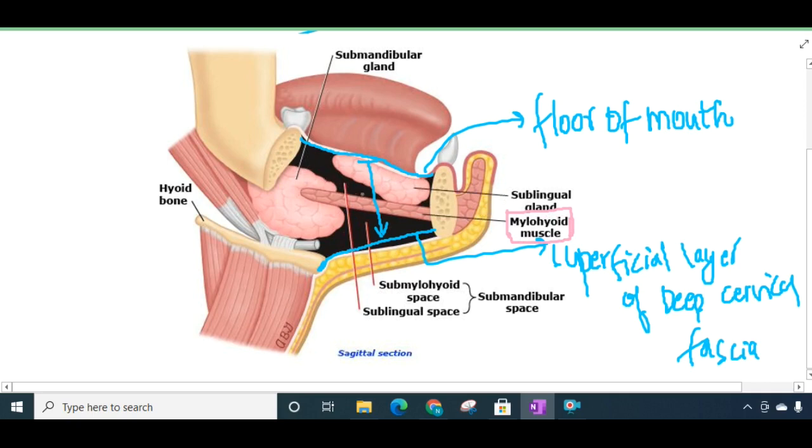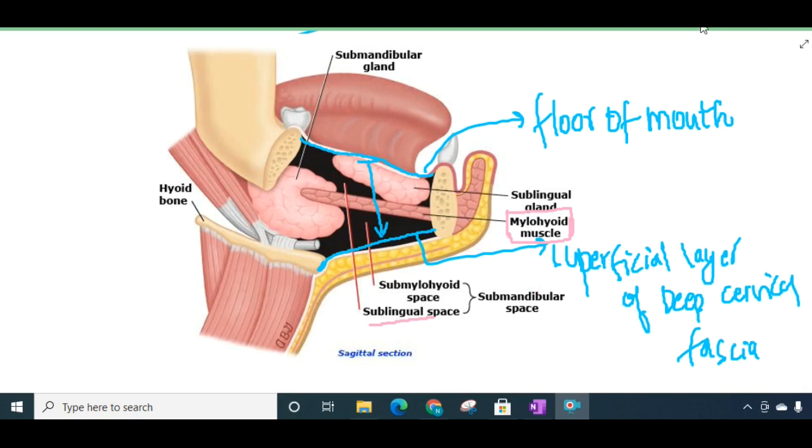The compartment above the mylohyoid muscle is called the sublingual space, whereas the compartment below the mylohyoid muscle is called the submaxillary or submylohyoid or submental compartment. Now, these two compartments constitute the submandibular space. So, infection present in the submandibular space is called Ludwig's angina.